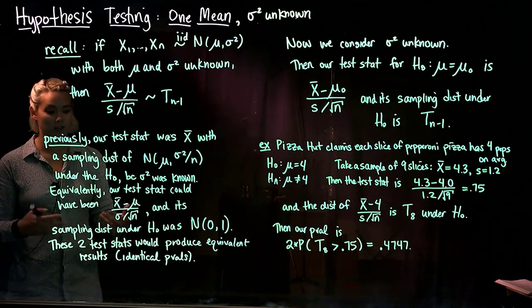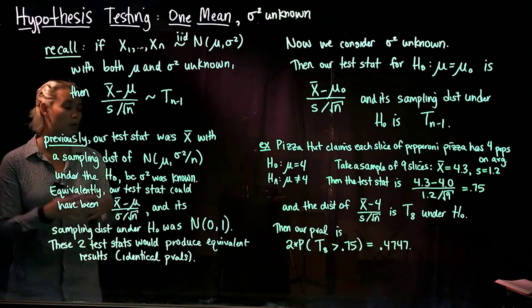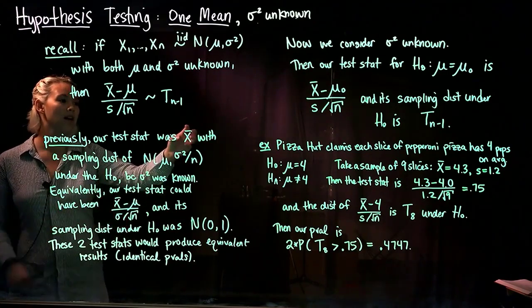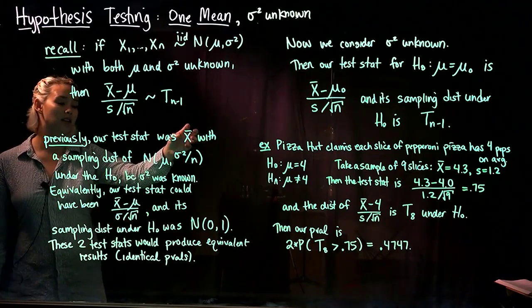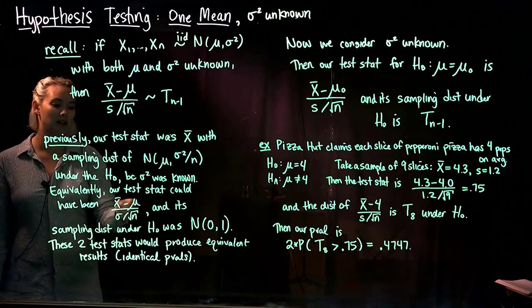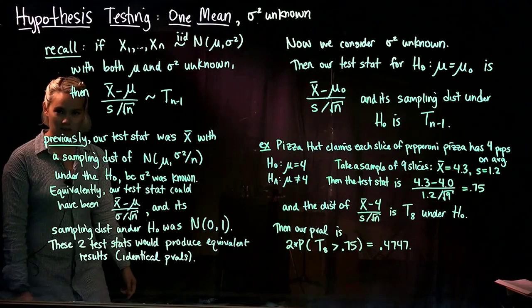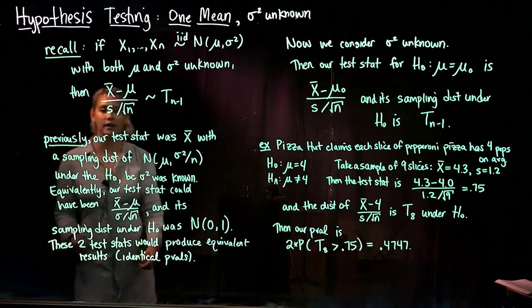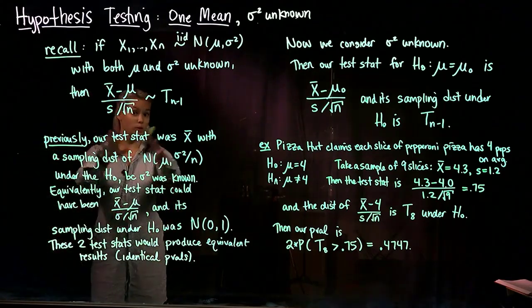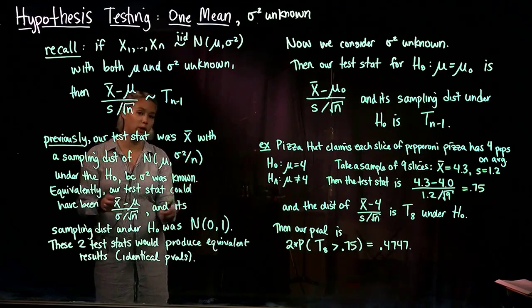Either way, we would have gotten the same results. In other words, we would get identical p-values whether we had x bar as our test statistic or x bar minus mu over sigma over root n. Again, this was all when sigma squared was known.